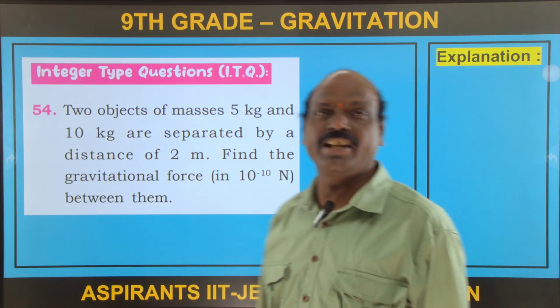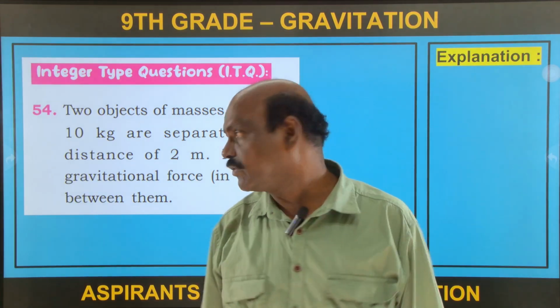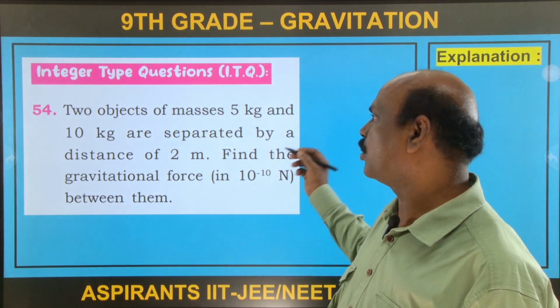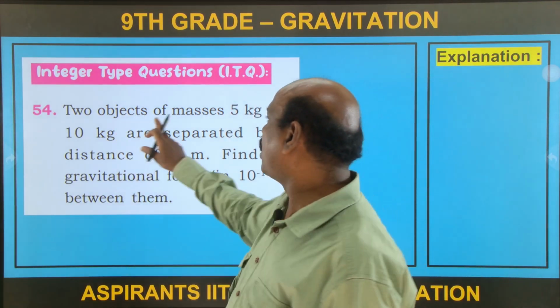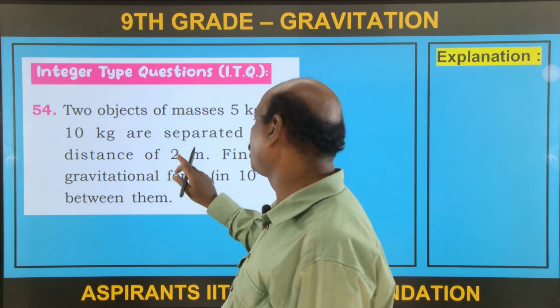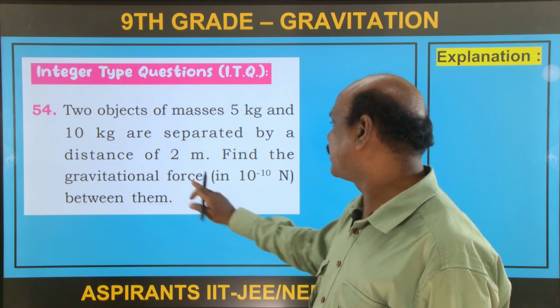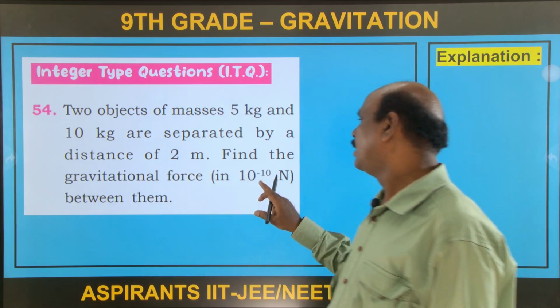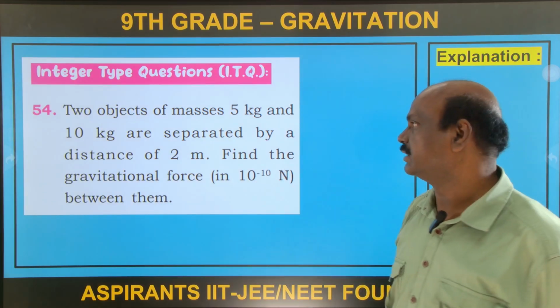Coming to the next, integer type questions. Meaning we have a question, then we should find some solution depending on this. Two bodies of masses 5 kgs and 10 kgs are separated by a distance of 2 meters. Find the gravitational force in 10 power minus 10 newtons.